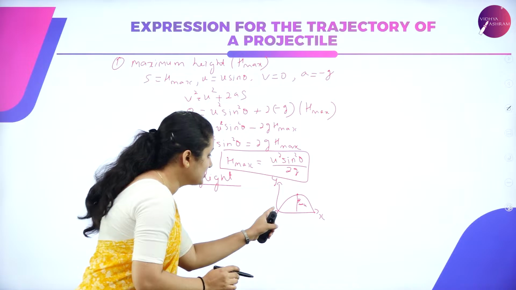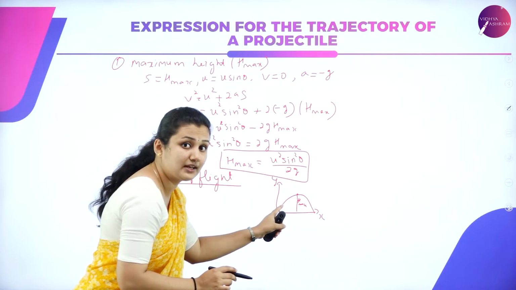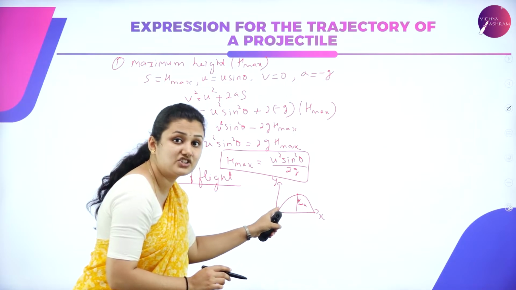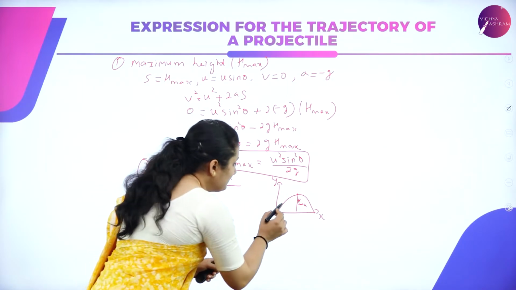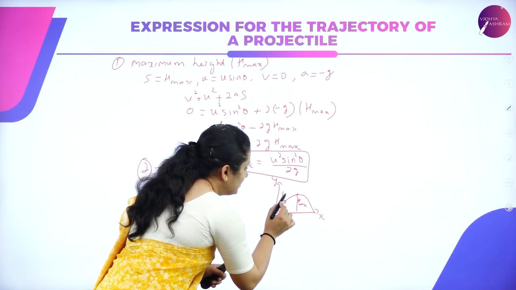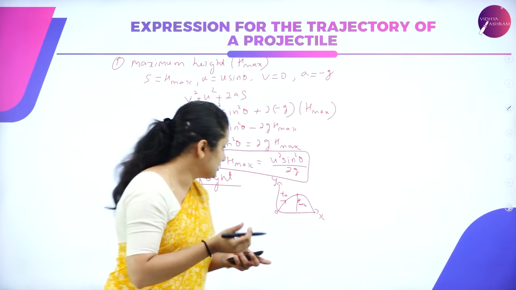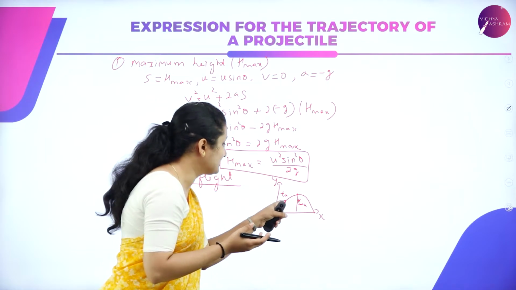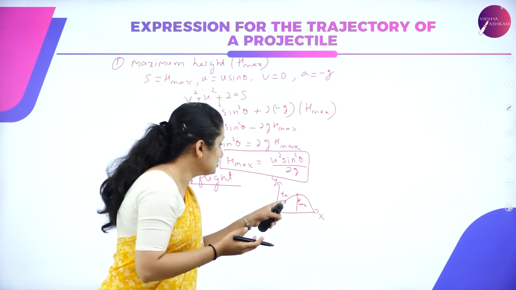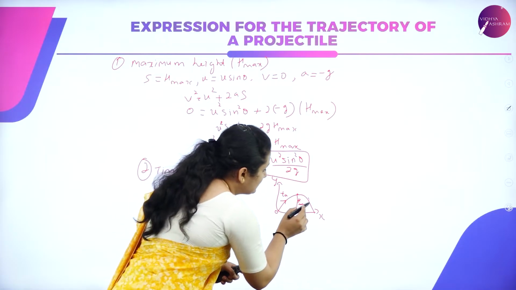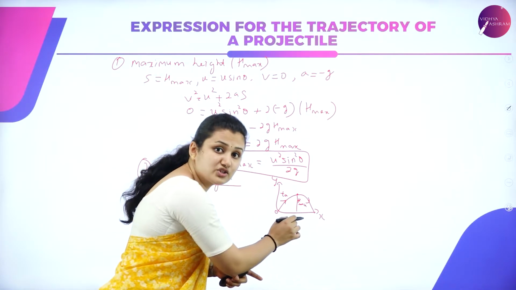A projectile is moving from the origin with some initial velocity u. The time taken by the projectile to ascend is ta. It reaches the maximum height, then it starts to come back to the horizontal component.